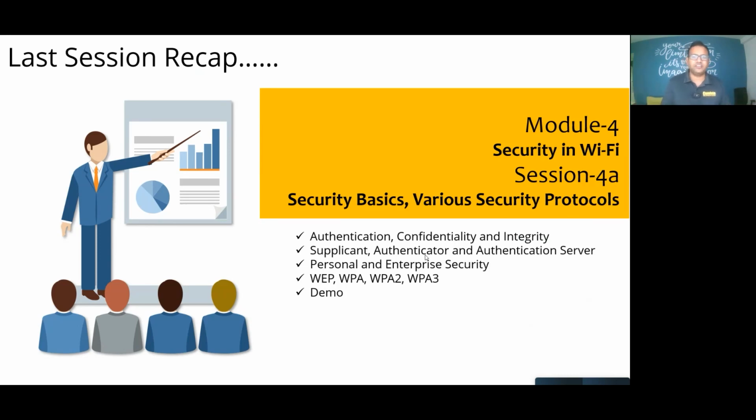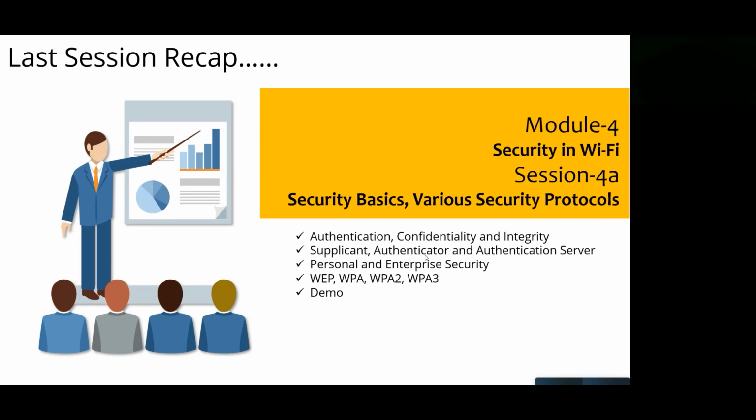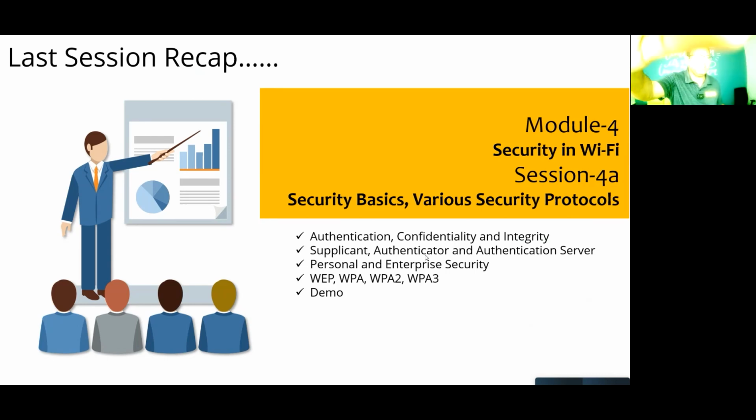The sender needs to know that the receiver is the right person, and the receiver needs to know that the sender is the right person. There needs to be mutual authentication, so that is extremely important. That is one of the main pillars.